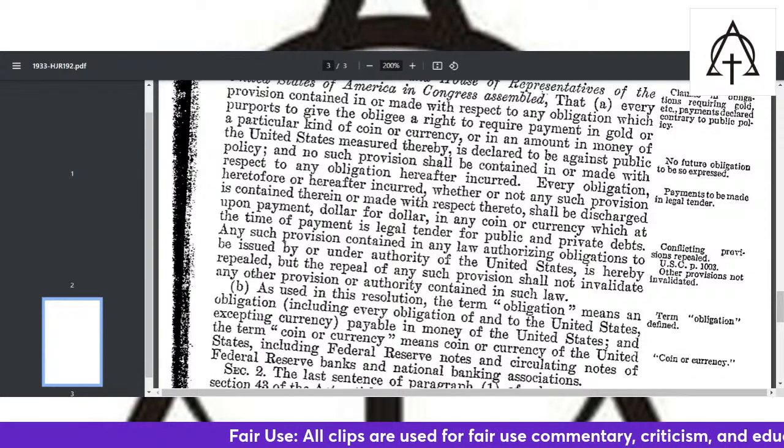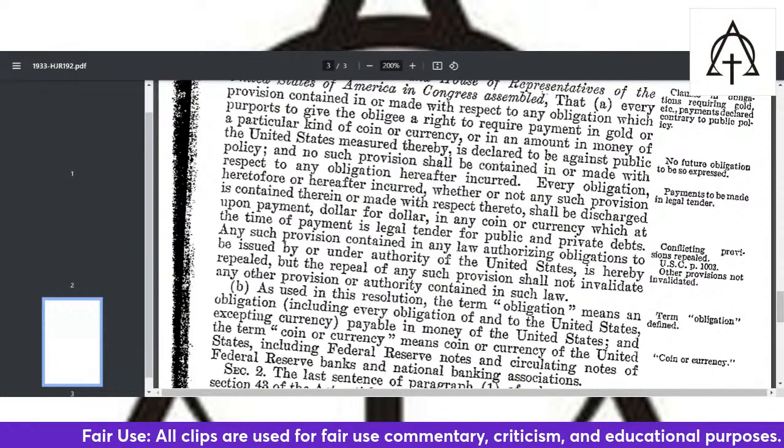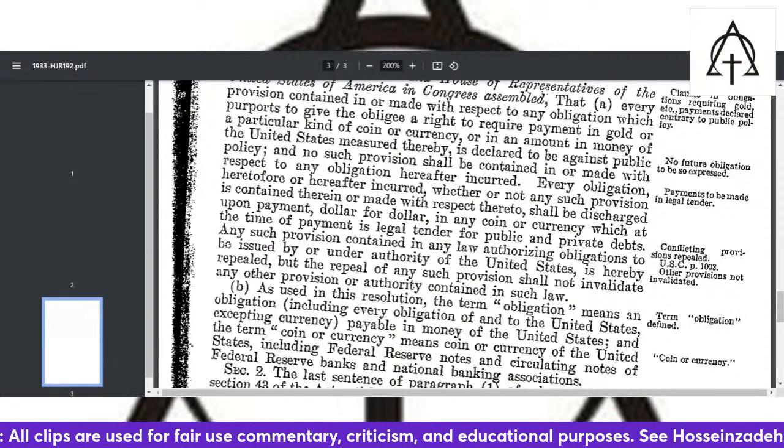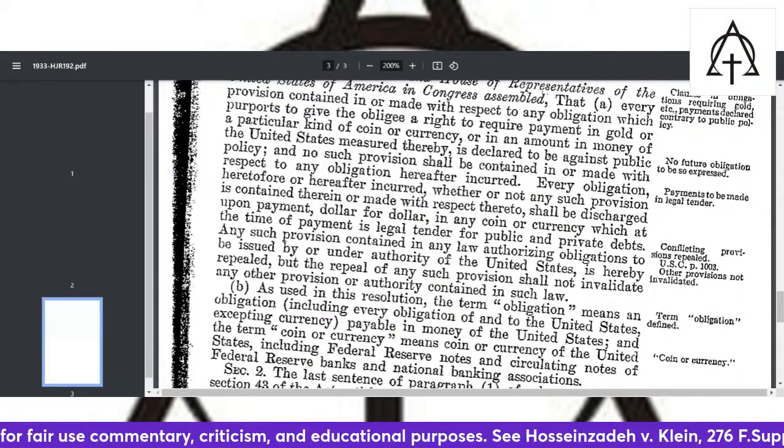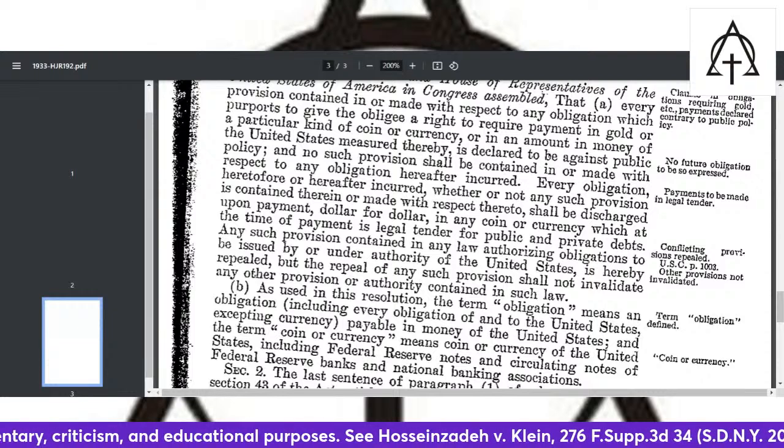So what we have today, folks, is a blank piece of paper that is literally known as legal tender. And all you have to do is write down your terms and conditions on it.